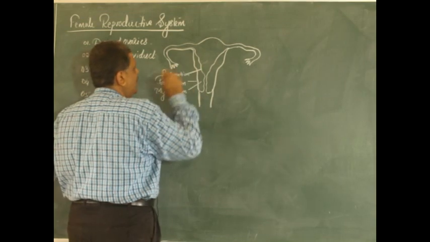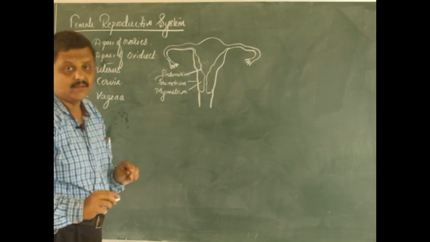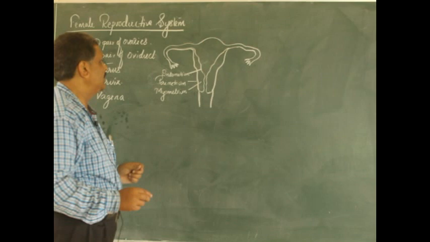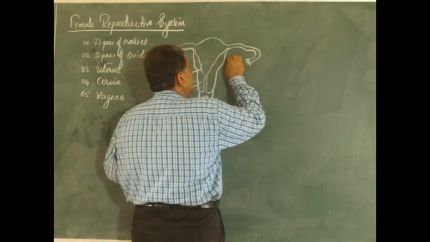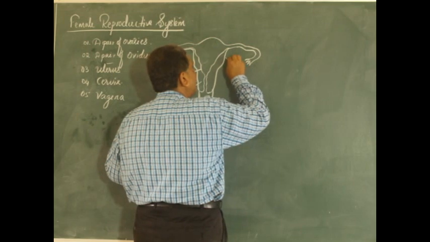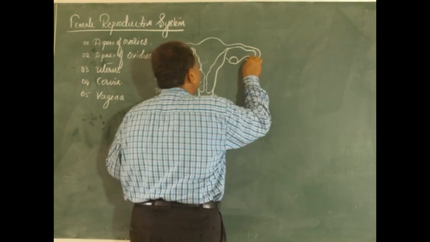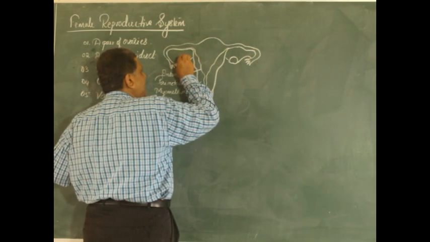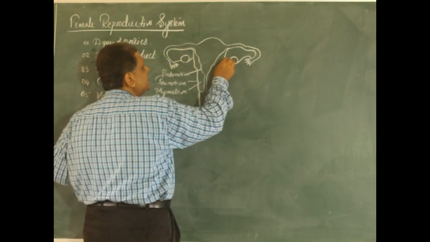It is also called uterine milk, or it is also called deciduous layer because it changes in every month. And here you can see on either side the presence of ovary. A pair of ovary is located on either side of the uterus, and it is attached to the uterus by the help of ligaments. You can see the ligaments.